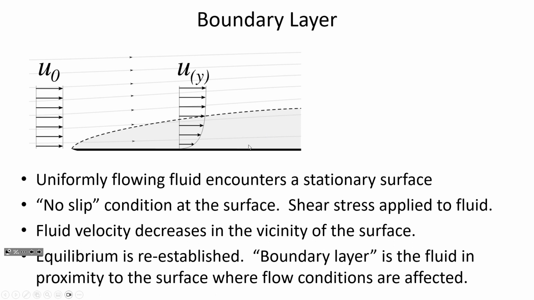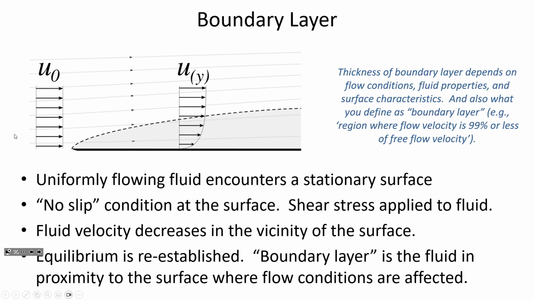And so what this is kind of conceptually illustrating is some region where the velocity is below the bulk flow velocity and may be as low as laminar conditions. How thick this boundary layer is depends on things like the viscosity of the fluid, the characteristics of the plate itself, whether it's smooth or rough, and that's going to have an influence on how deep into the flow the boundary layer extends.